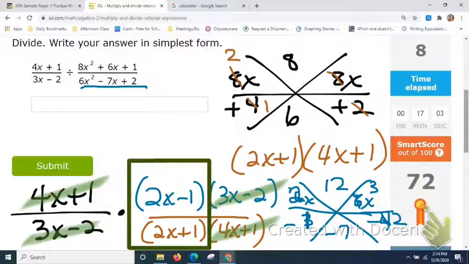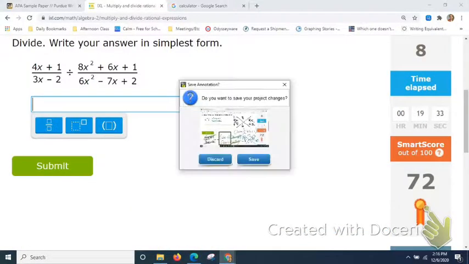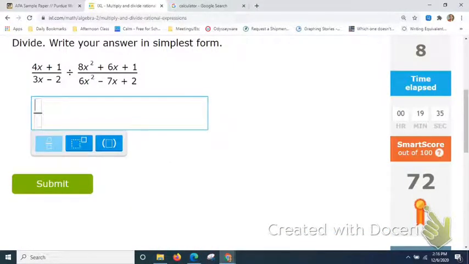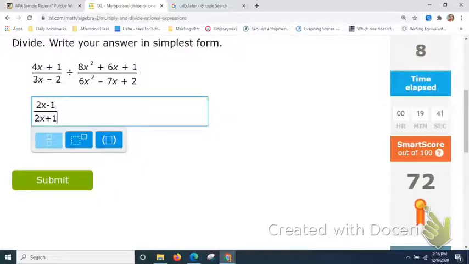So that's what I'm putting. 2x minus 1 is in my numerator and 2x plus 1 in my denominator. 2x minus 1 over 2x plus 1.